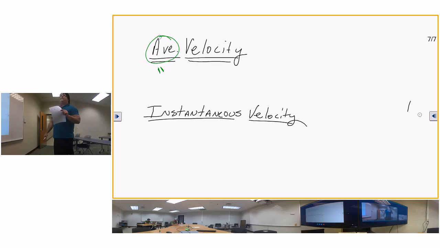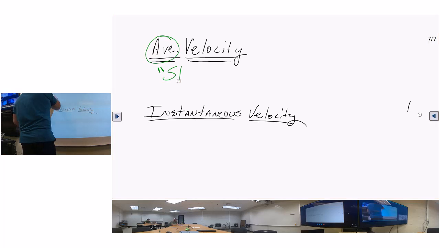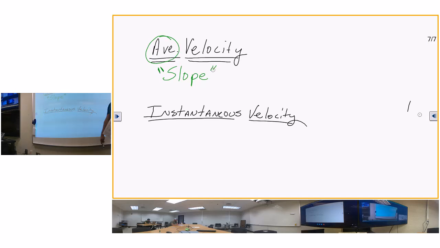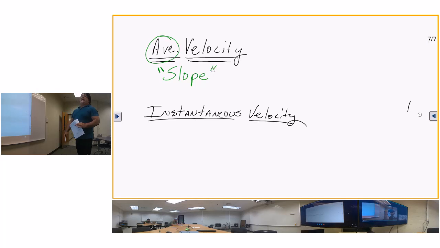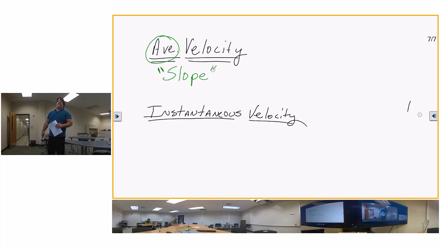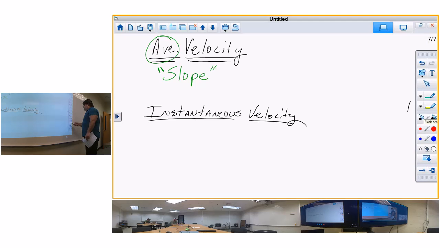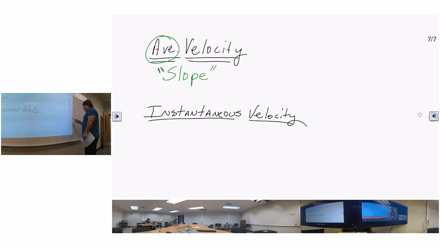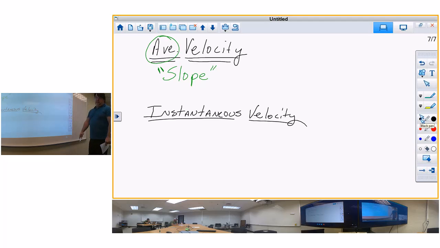when you see the word average, I want you to start associating that with this word. Slope. So when you are asked to find the average velocity, average velocity is a 25-cent word for what? Slope. That means you pick 2 points and you find the what? I'm asking for interaction there. I wrote the word in green. Slope. Thank you.